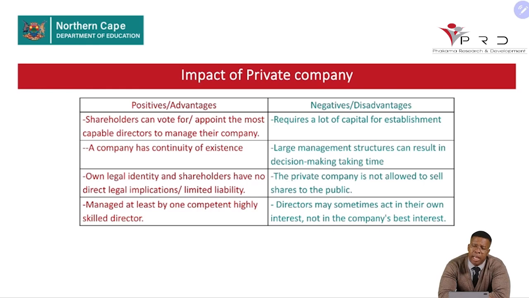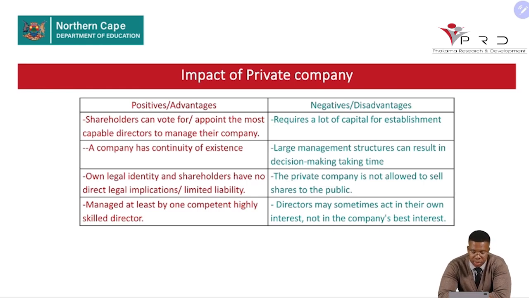Therefore, it means they have to vote or appoint a director. A director will be an individual who oversees the company's operations, and it will be an individual who gives the company direction and also manages the company on a day-to-day basis. So shareholders can vote for or appoint the most capable director to manage their company.